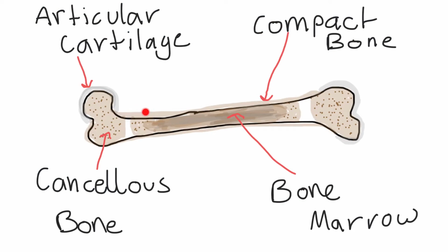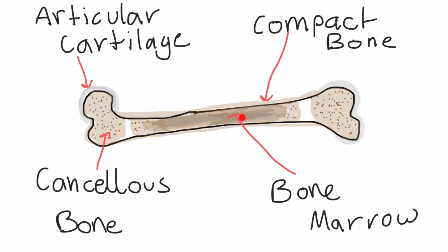The outer part of the bone consists of dense, strong, compact bone tissue and forms the actual shaft of long bones. At the end of the bone, there is a spongy tissue network called cancellous bone. The cancellous bone is light but able to withstand stress.